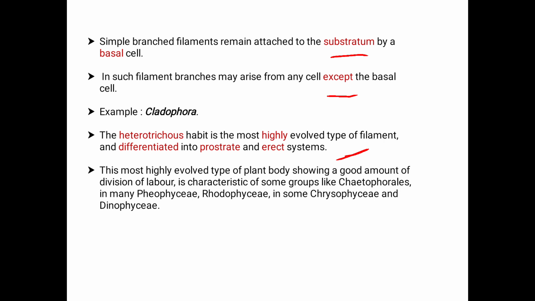Here we have the two types, that is the prostrate and the erect system in the heterotrichous habit, a highly evolved type of plant body showing a good amount of division of labor.